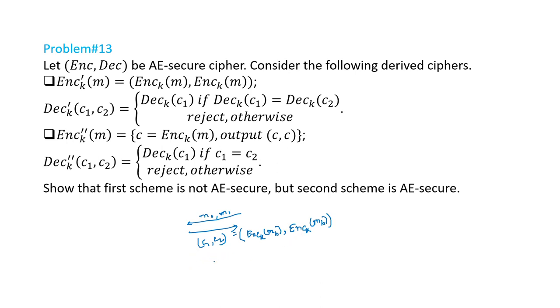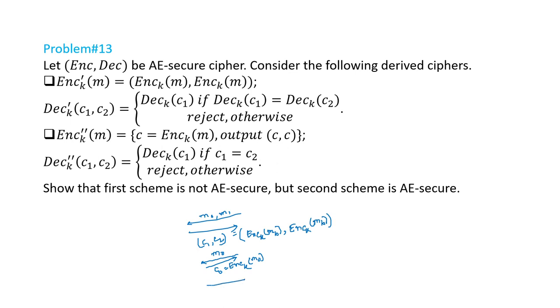Now it can go again to the decryption oracle. Let's say it first queries the encryption oracle for some valid encryption of M0, and it gets to see C0, which is some valid encryption of M0.